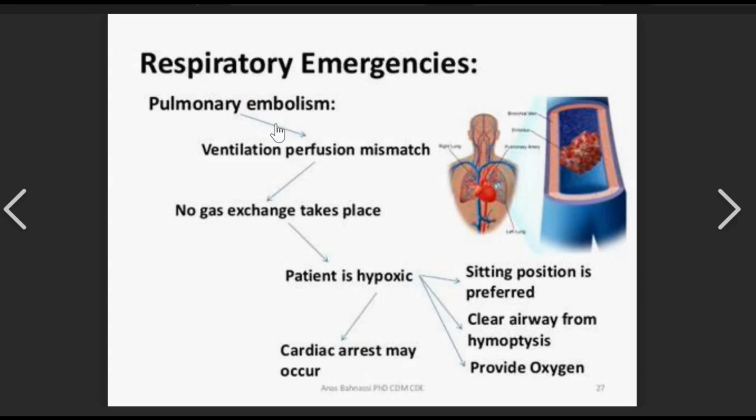The embolism causes decreased blood supply to the area, so blood supply is reduced. That leads to ventilation perfusion mismatch. And when there is a mismatch, remember, gas exchange won't take place, and as a result, the patient gets hypoxic.